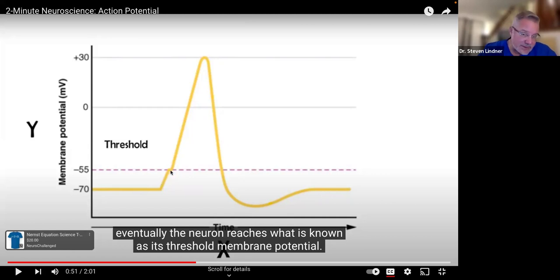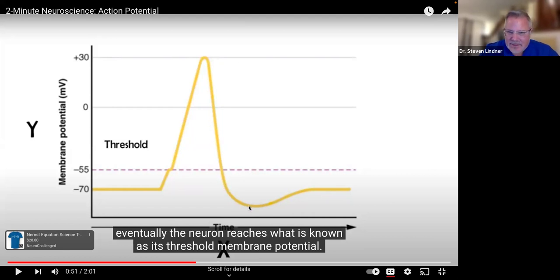When lots of sodium rushes in, you get this incredible spike. When sodium doesn't rush in, but potassium starts to exit, then you start to get this shift going back down. So you have this depolarizing curve and then a repolarizing curve.